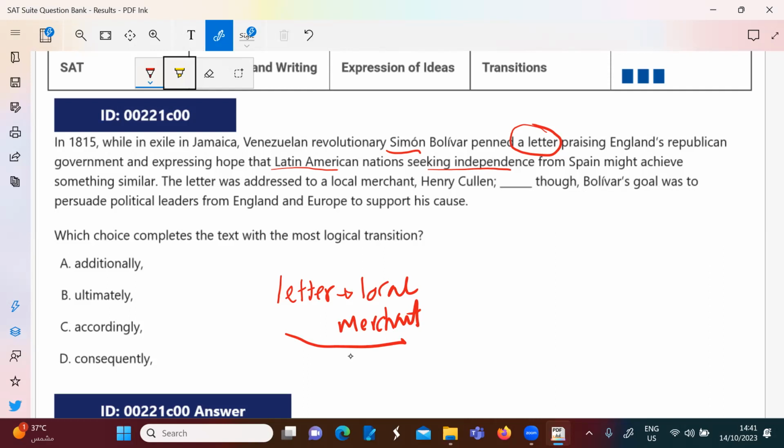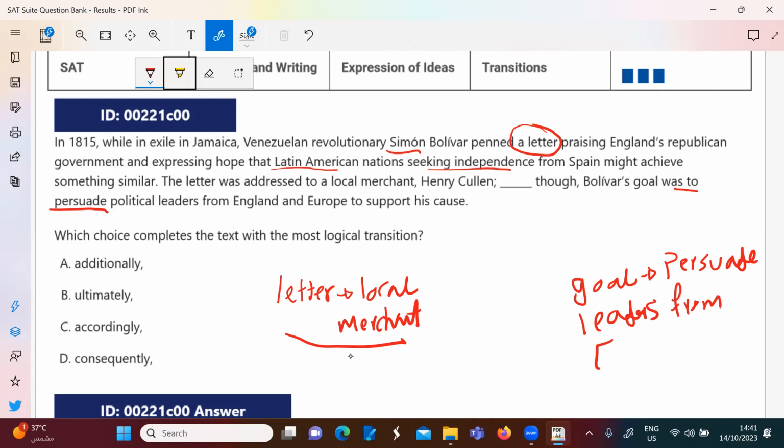Great. Though Bolivar's goal was to persuade leaders from England and Europe to support his cause.